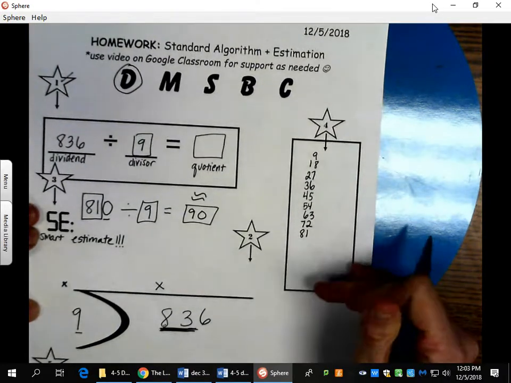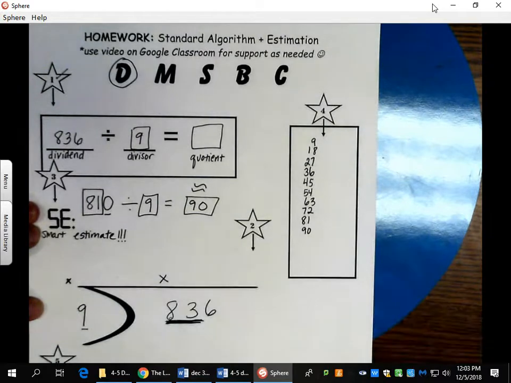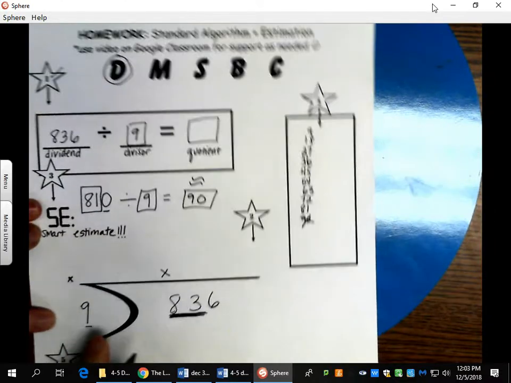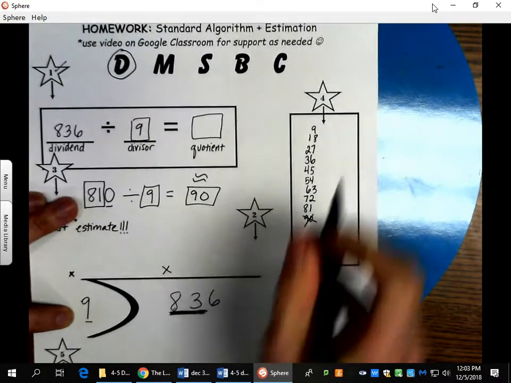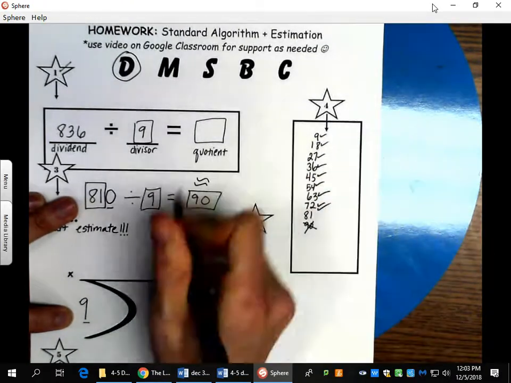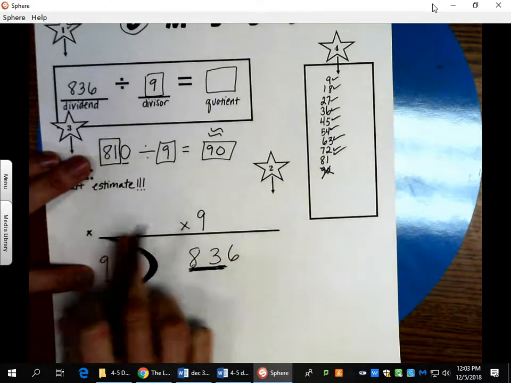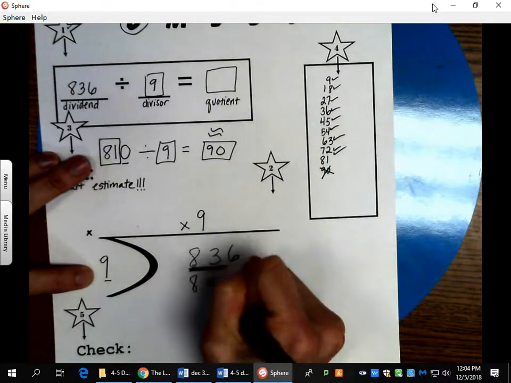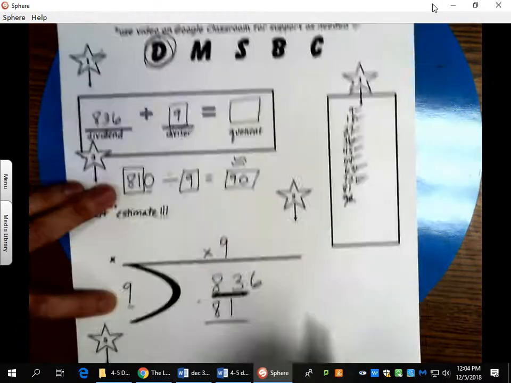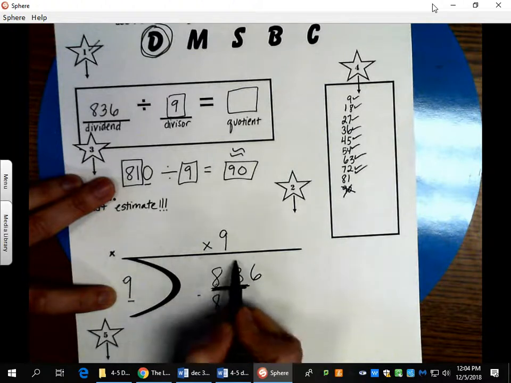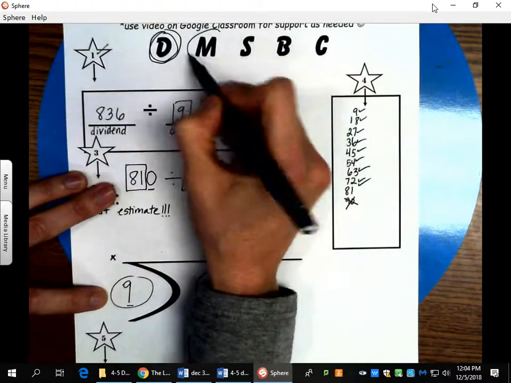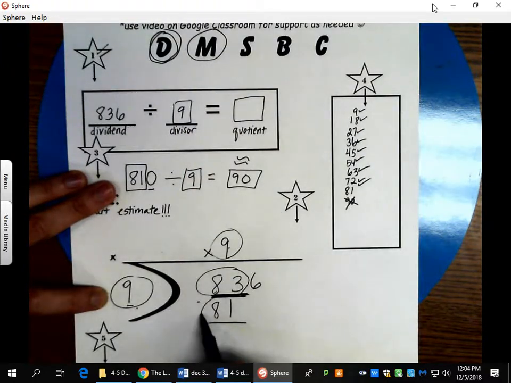So that's a chant that I have used in the past, and 90, now we're done. 90 is too big, but 9 fits into 83, 1, 2, 3, 4, 5, 6, 7, 8, 9 times, and 9 times 9 is 81. So I just did my division step, 83 divided by 9, and I got 9. And now I did my multiplication step, 9 times 9, when I check it, it's 81.